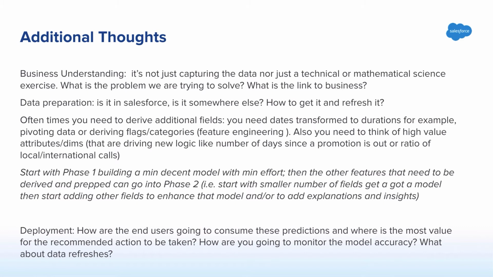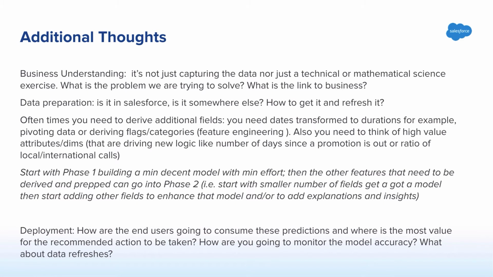And oftentimes you will need to add additional fields. So you might need to change dates to durations. Like I said last time, when did the teenager get the phone versus how long the teenager has had that phone. That's a duration, a more meaningful metric that we can build on. And sometimes you need to pivot the data or derive some flags.